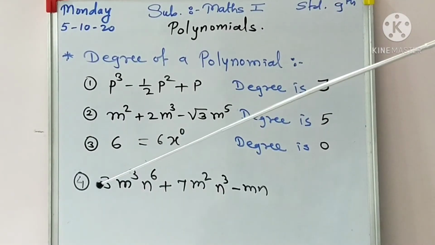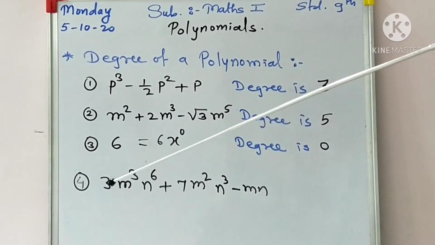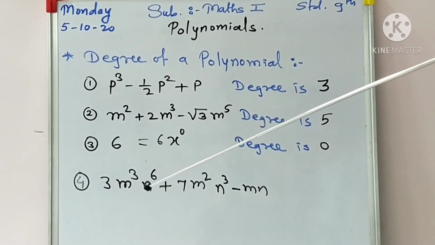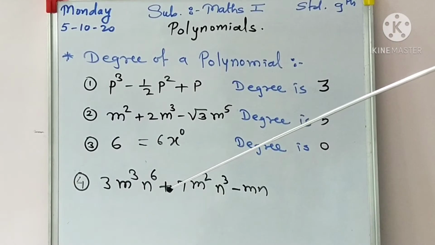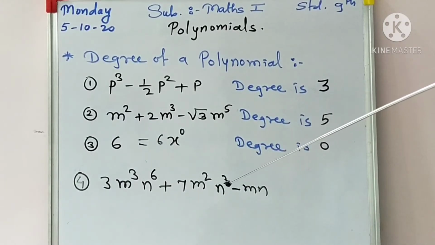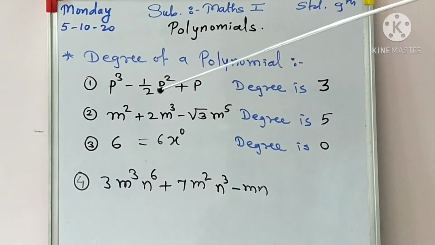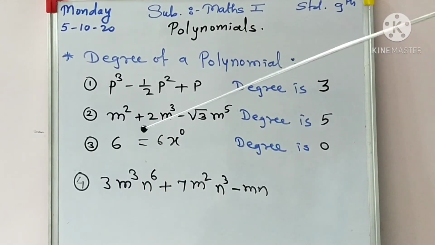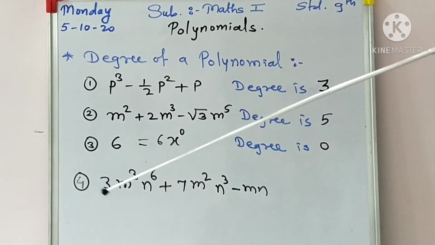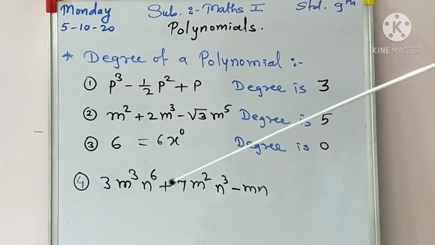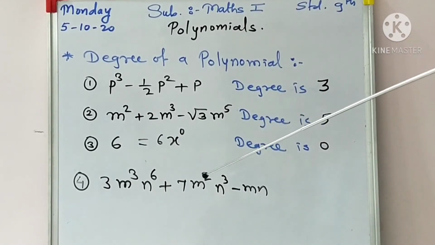Now here we have the fourth example, 3m cube n raised to power 6 plus 7m square n cube minus mn. What is the difference between the first three examples and the fourth one? The fourth one is also a polynomial, because the powers are whole numbers.